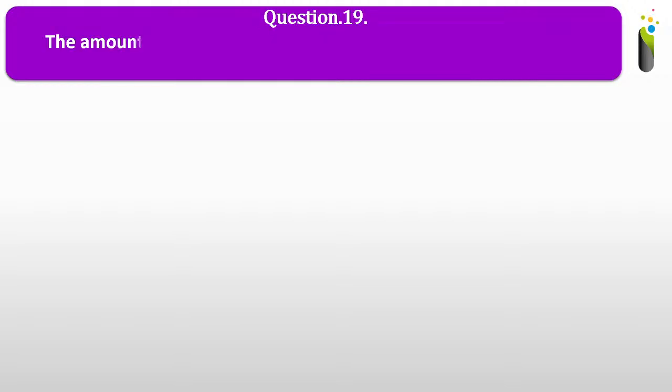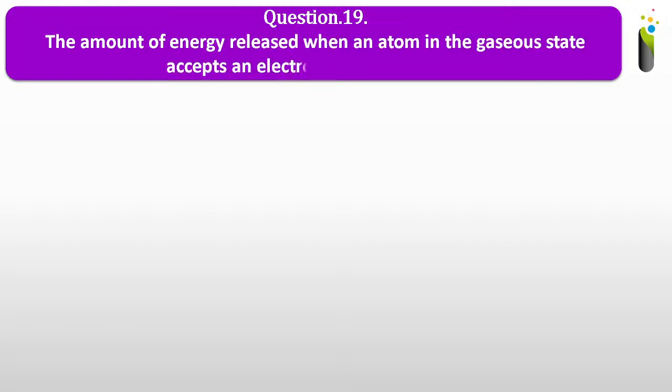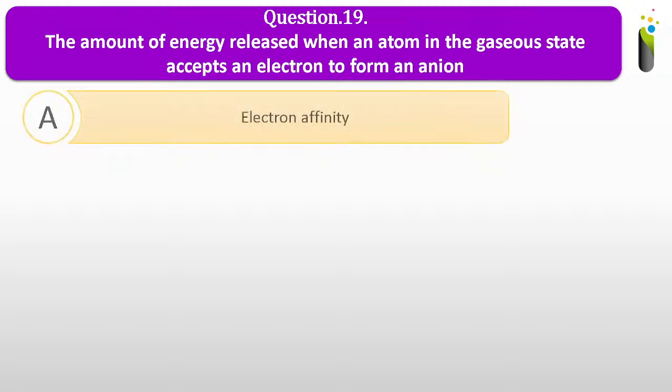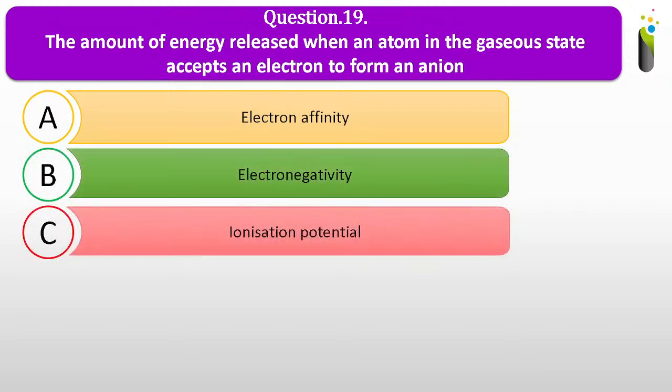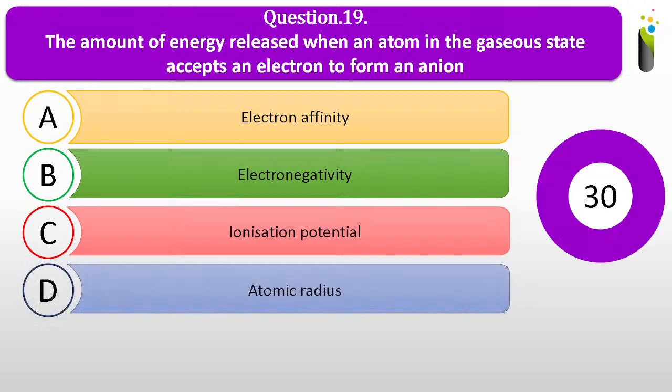Question number 19. The amount of energy released when an atom in the gaseous state accepts an electron to form an anion. A. Electron affinity. B. Electronegativity. C. Ionization potential. D. Atomic radius. So the amount of energy released when an atom in the gaseous state accepts an electron to form an anion.